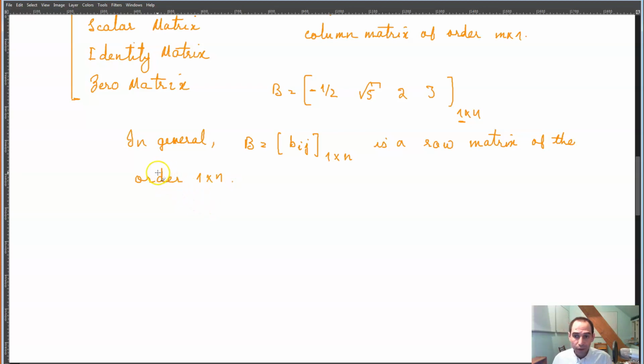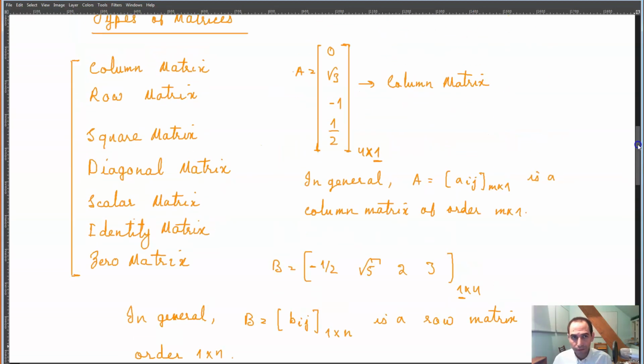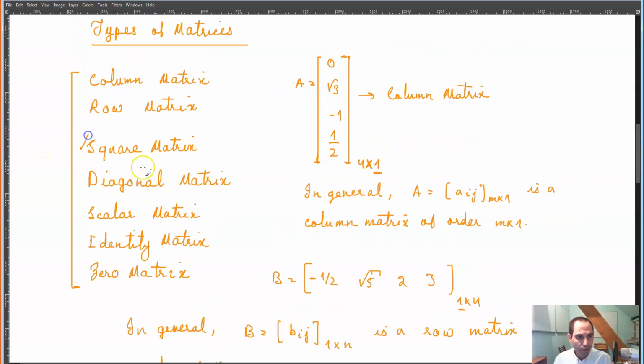Now a square matrix is a matrix that has the same number of rows as the number of columns. Or you can say it the other way around, the same number of columns as the number of rows. Or you can say that the matrix in which the number of rows is equal to the number of columns is said to be a square matrix.